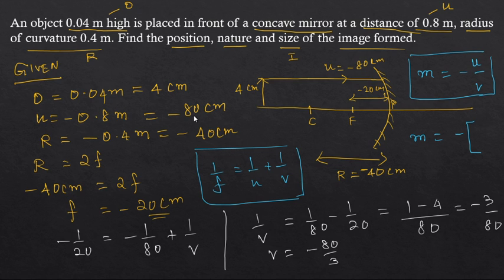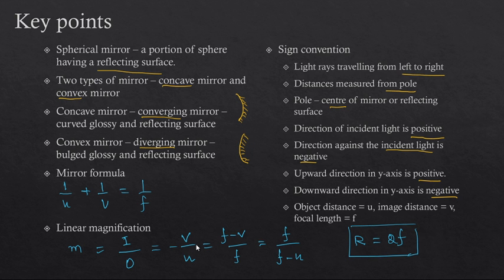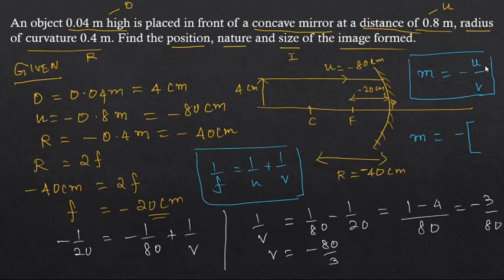And what about v? v is equal to minus 80 by 3, is it not? So what is the magnification formula? The magnification formula is v by u, is it not? So let me correct this. It's not u by v, it is v by u.